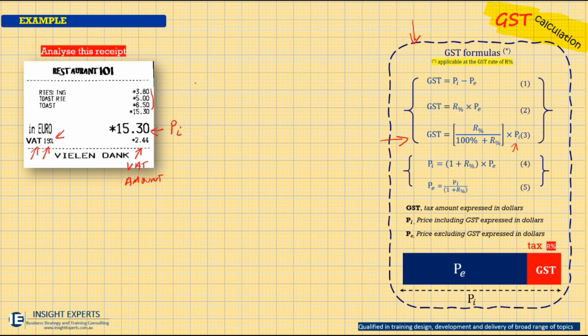From equation number 3, the GST amount is equal to the VAT rate, which is 19%, over the VAT rate plus 100%, so that is 119%, multiplied by the price including GST or VAT, which is 15.30. When I do the calculation, I end up with 2.44, which is the VAT amount.